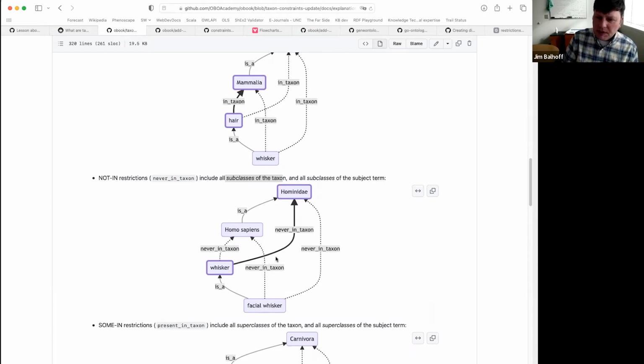So let's say there's an assertion that whiskers are never in hominids. I read in Wikipedia that no great apes have vibrissae. So if whisker is never in hominids, then all its subclasses, same thing. Facial whisker is never in hominids. But it also applies to all the subclasses of hominids. So whisker is never in Homo sapiens, and same for facial whisker.